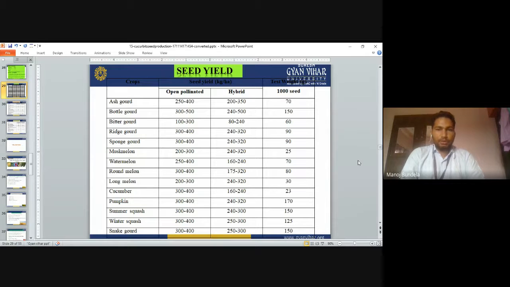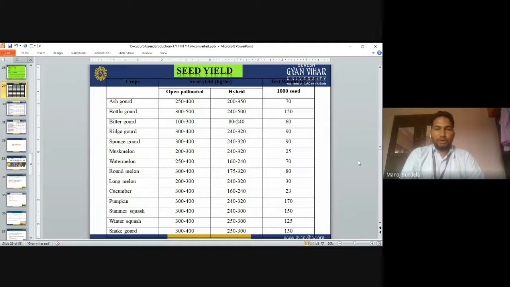In bottle gourd, the open pollinated variety seed yield is 300 to 500. In beetle gourd, 100 to 300. Ridge gourd, 300 to 400. Sponge gourd, 300 to 400. Muskmelon, 200 to 300. Watermelon, 250 to 400.